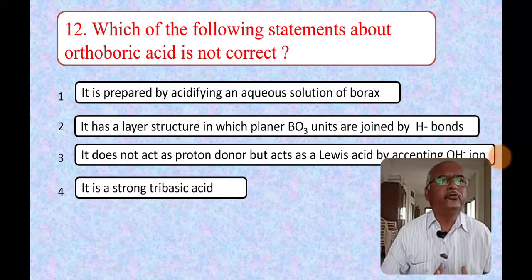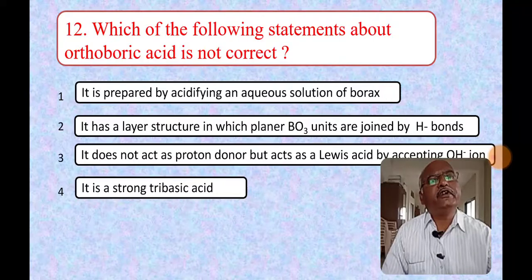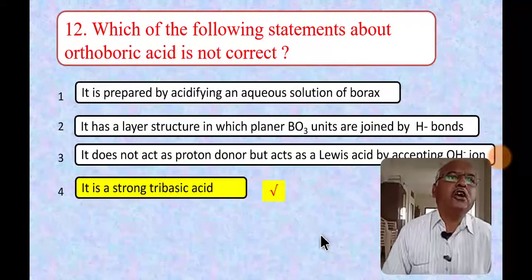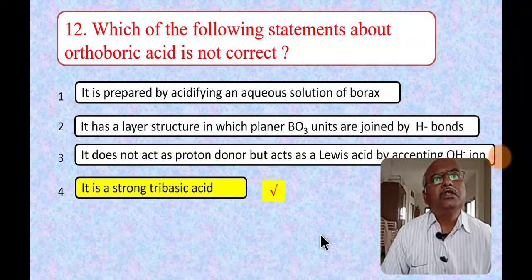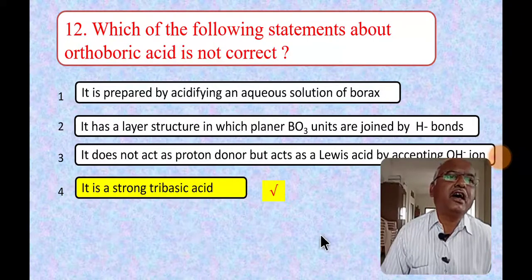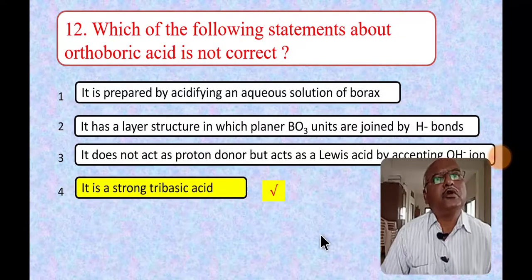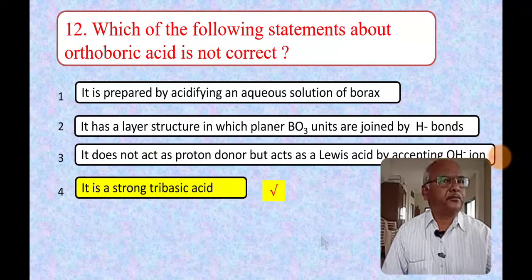You have to choose incorrect option. Look at the answer. It is a strong tribasic acid. This option is completely wrong. The first three options are correct. So fourth option is incorrect.